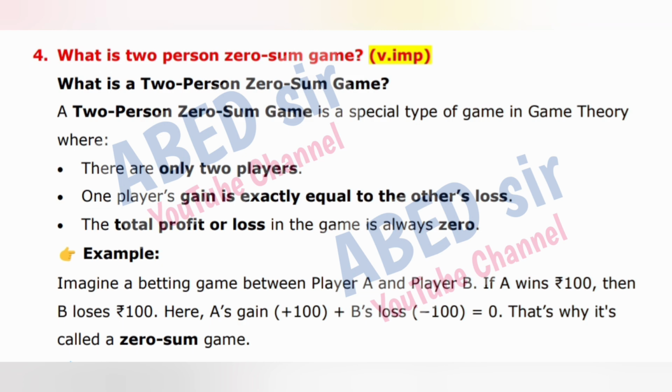Example. Imagine a betting game between player A and player B. If A wins 100 rupees, then B loses 100 rupees. Here, A's gain of plus 100 plus B's loss of minus 100 is equal to 0. That's why it's called a zero-sum game.